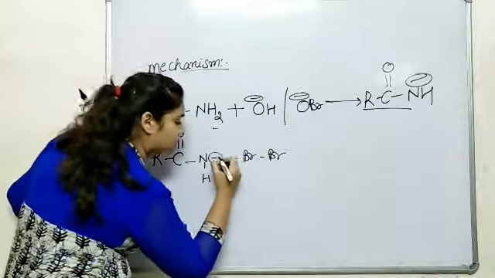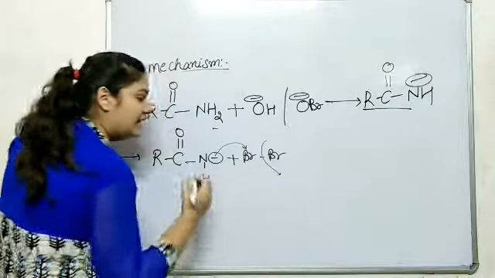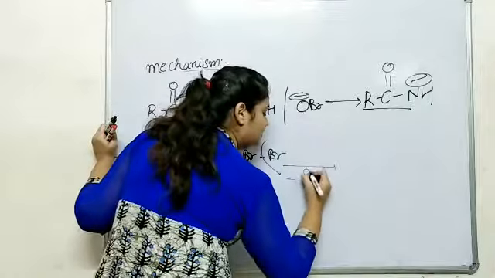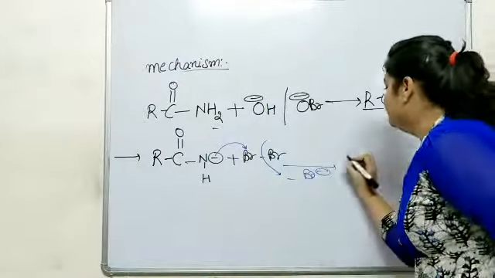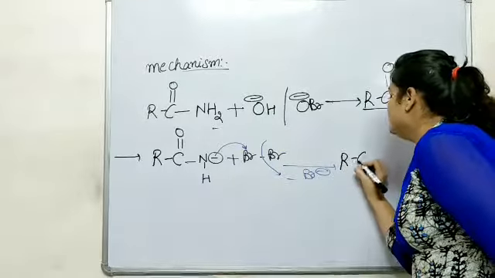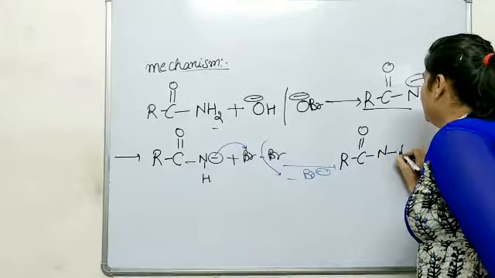When this negative charge attacks at this bromine, this bond will break and Br negative will be removed, and we are left with R C double bond O and NHBr.